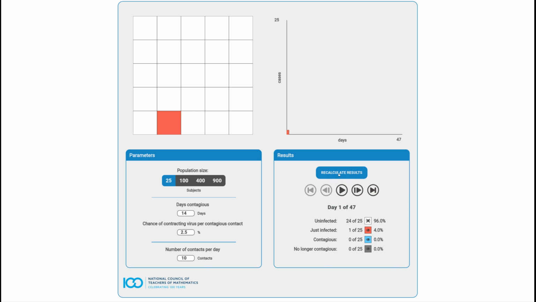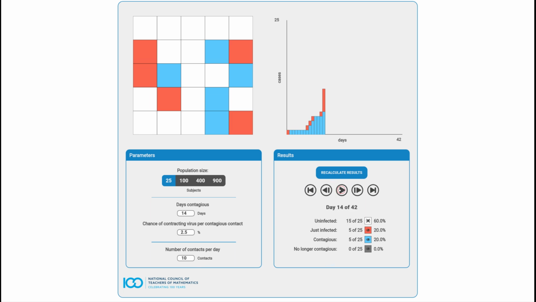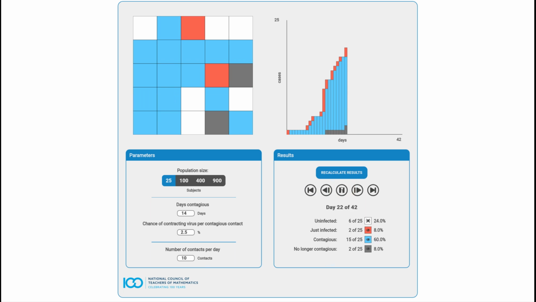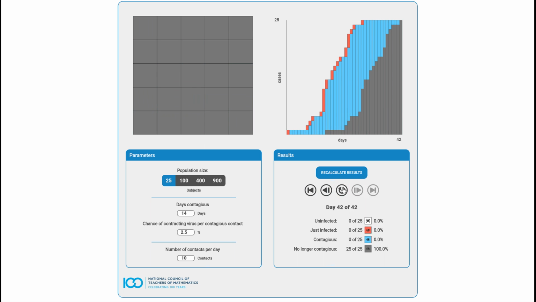So let's recalculate. 43 days, 41 days, 45 days, 36 days, 40 days, 42 days. How does it look? At day 14, day 15, the first person is no longer infected. But look at this, 11 out of 25, almost half, are infected. And they're infecting others. They're contagious. And then they pass it on and everyone has it.